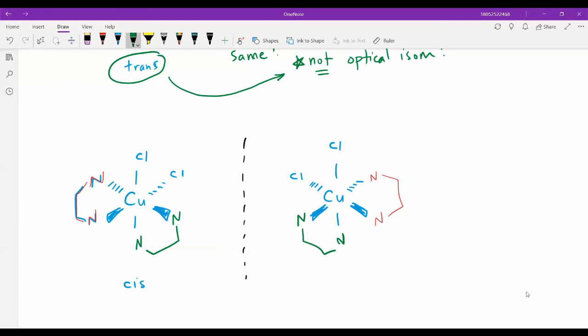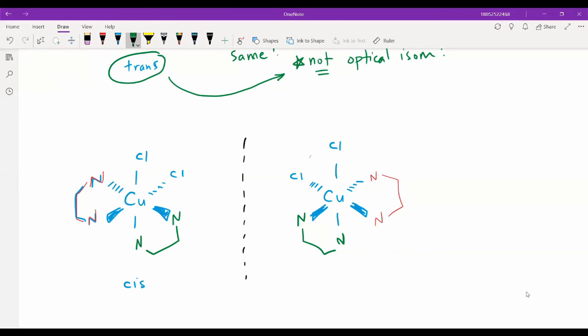So by nature of this cis isomer not having any symmetry in it, and it's usually easier to see with an actual three-dimensional model. If you are lucky enough to have those, you can build these things on your own at home and then build a mirror image and see that they're different. Otherwise, it's a lot of spatial manipulation mentally.